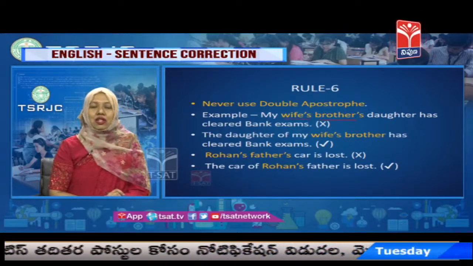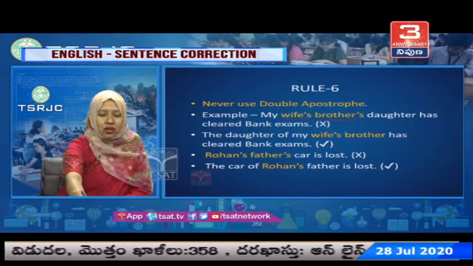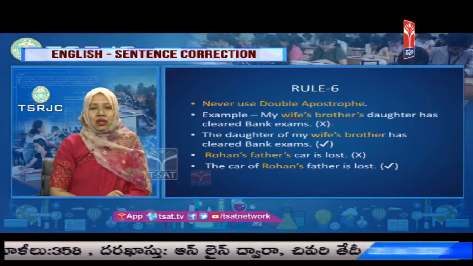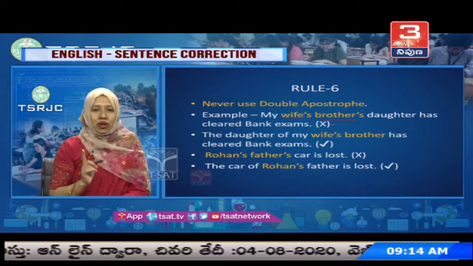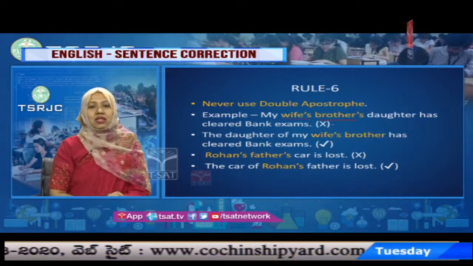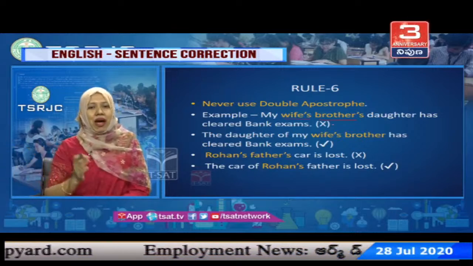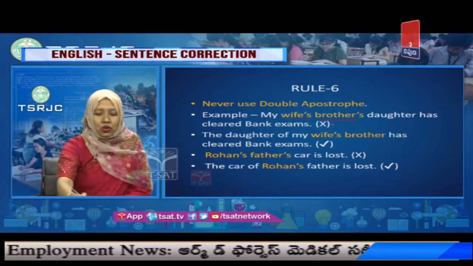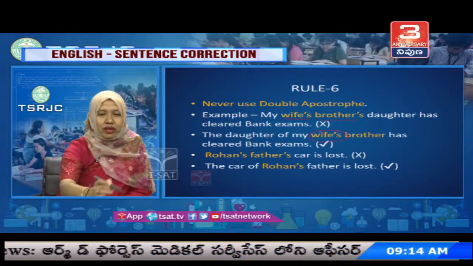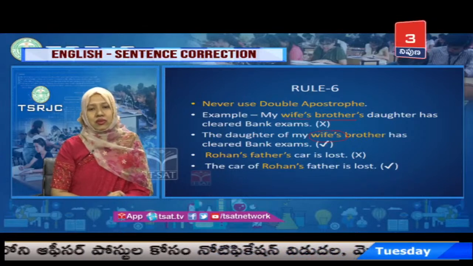In a sentence there should never be a double apostrophe. This is a wrong sentence. When you write, you should use only one apostrophe. The correct formation of the sentence is: the daughter of my wife's brother has cleared bank exams. Here we are using an apostrophe only with wife, not with brother.